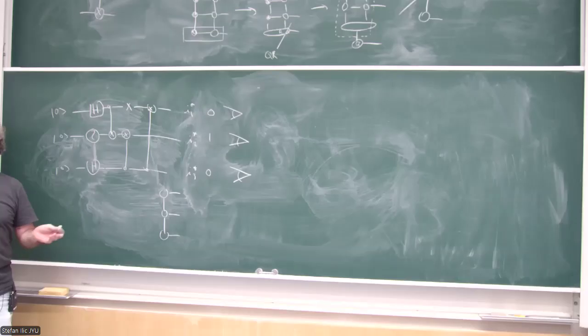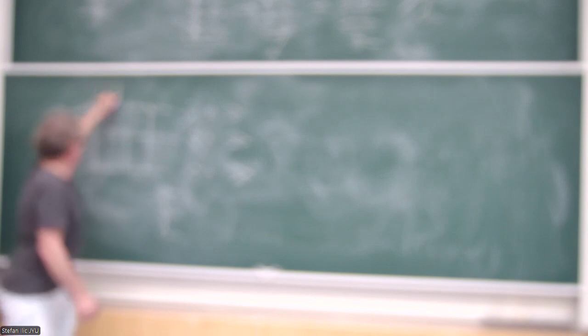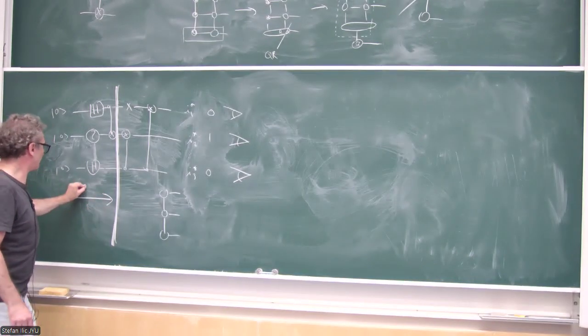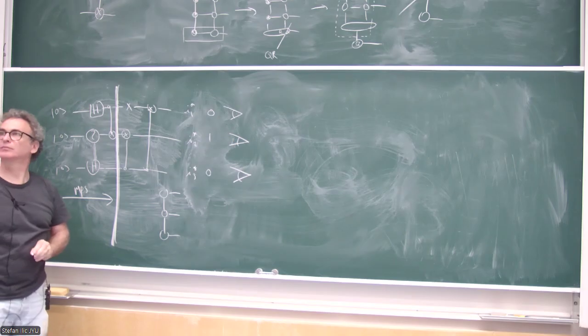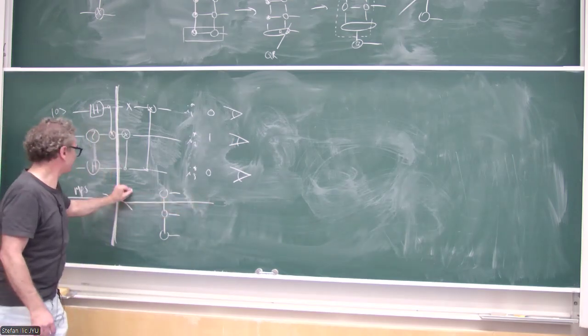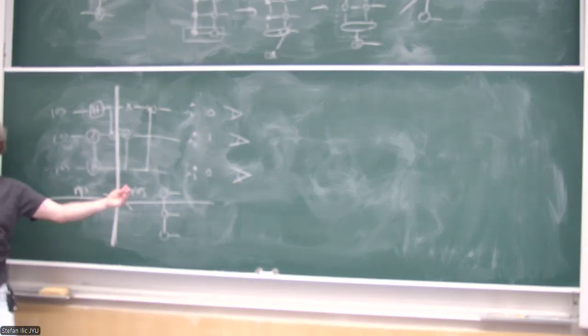So the second claim is easy to see. For instance, if I want to get this one with 0, 1, 0 at the end, I could cut the circuit into two. And I could use my MPS simulator to go all the way to the middle. And then I start from the end, I go backward, and I use a second MPS simulator to go from the end to the middle.